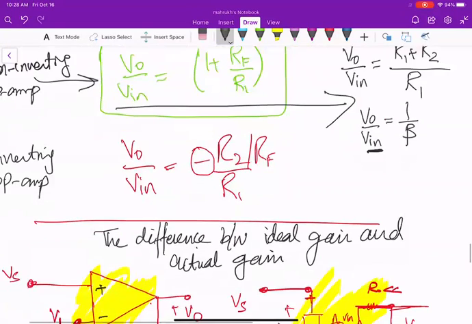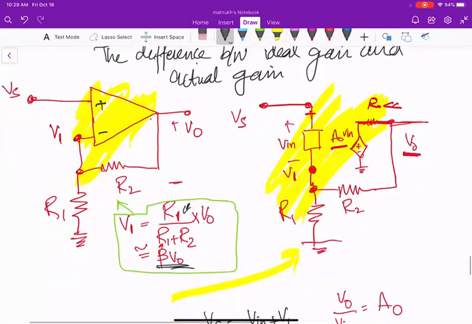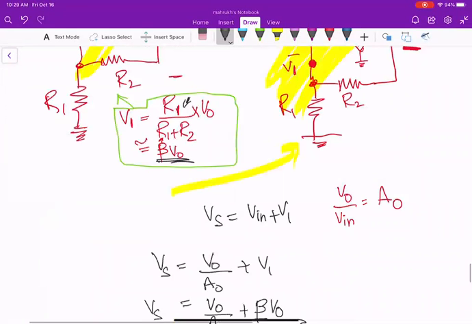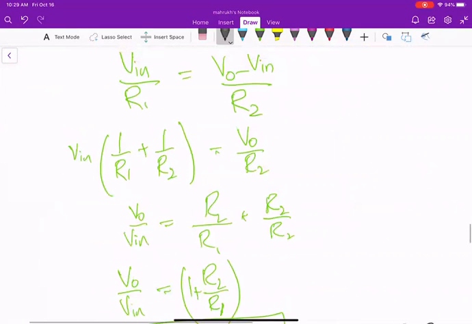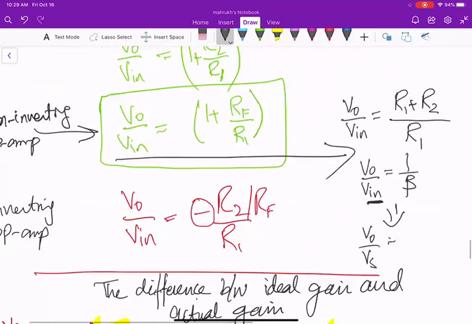So you don't have to worry about why they have used Vs here, because they were using Vin plus V1 to simplify that, since in the real world, Vin will not be equal to 0. But in the ideal case, Vs is equal to Vin. So for the ideal scenario, V naught over Vs is equal to 1 by beta.